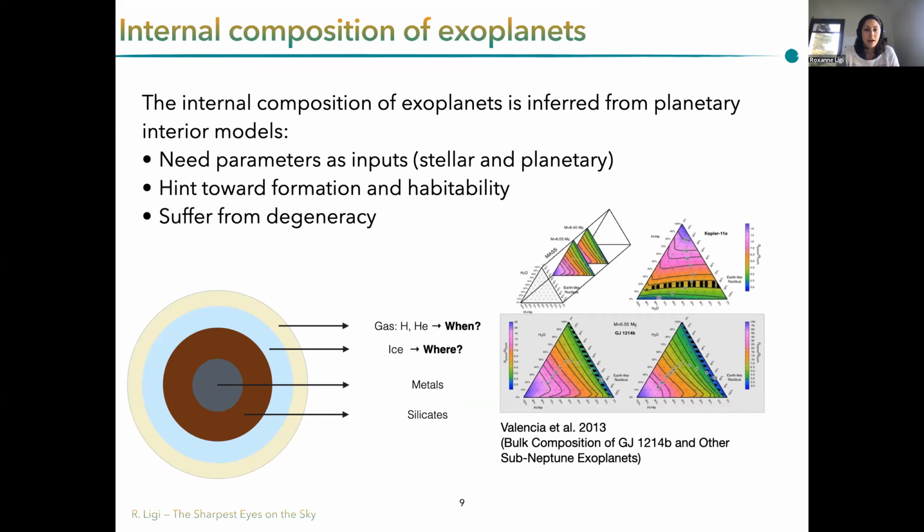So there are many parameters like this which can give some indications of the conditions of formation and of course of habitability of the exoplanet. But the problem is that, of course, the models suffer from degeneracy. So again, we need a lot of parameters to be able to constrain the internal composition of exoplanets.